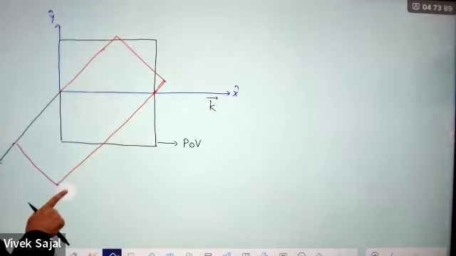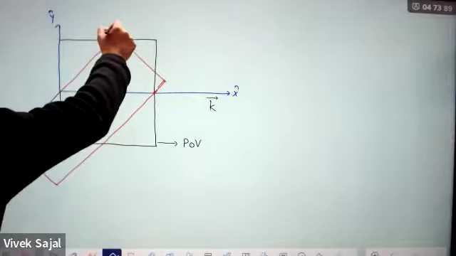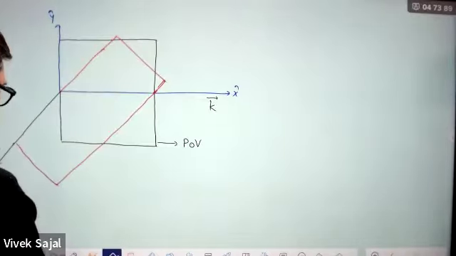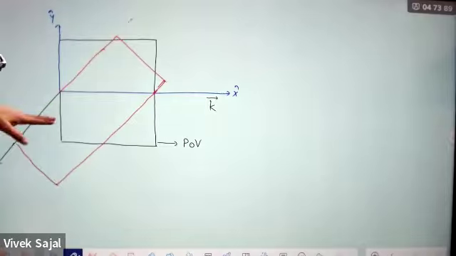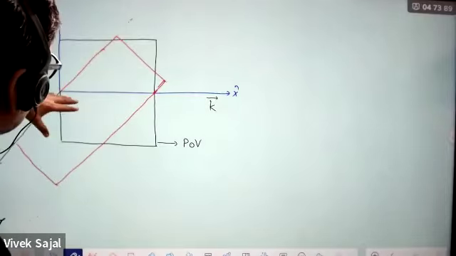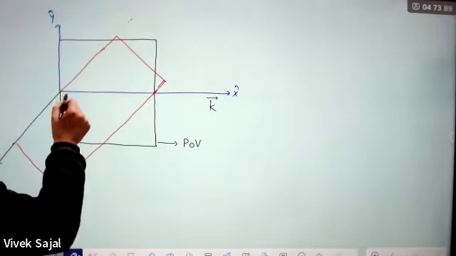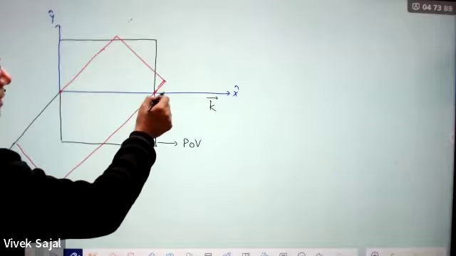So this is the z axis. Basically, there is a plane that is perpendicular to this plane of vibration, and this plane is intersecting the plane of vibration along the k vector.